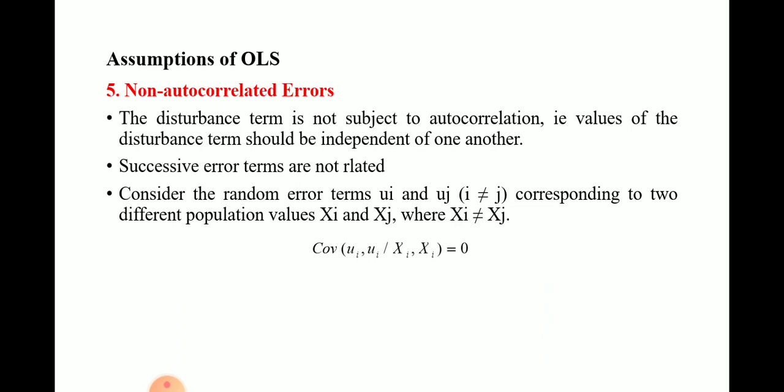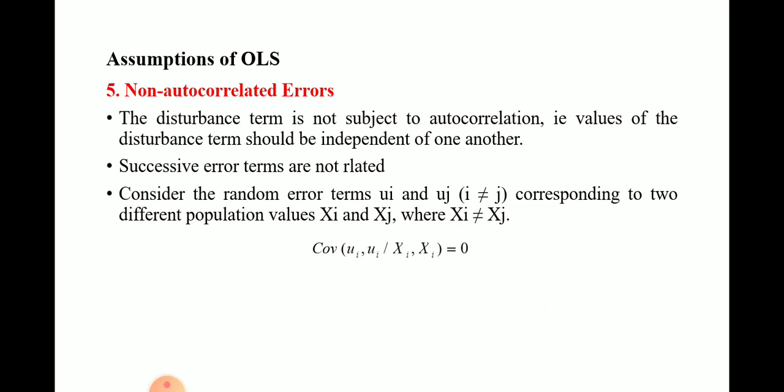For all these pairs, u1 and u2, u2 and u3, u3 and u4, u1 and u4, u1 and u3, the covariance or correlation should be equal to 0. There should not be any correlation between u1, u2, u3, u4 and so on. So we can say that the subsequent error terms should be uncorrelated.